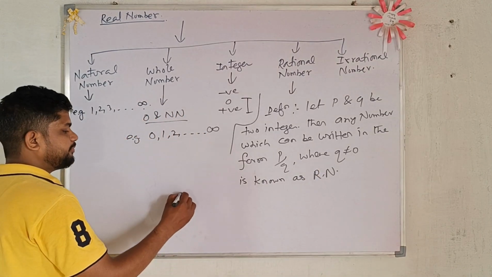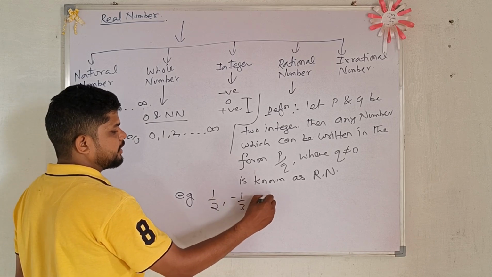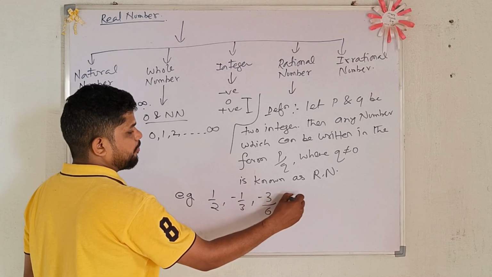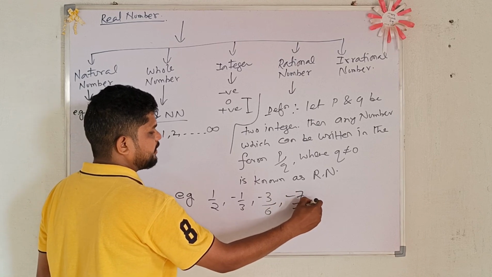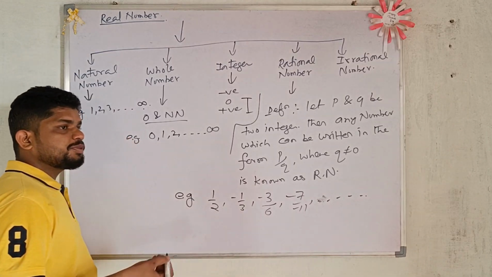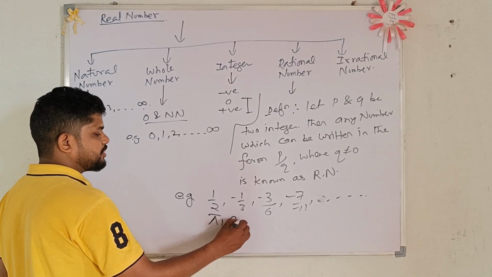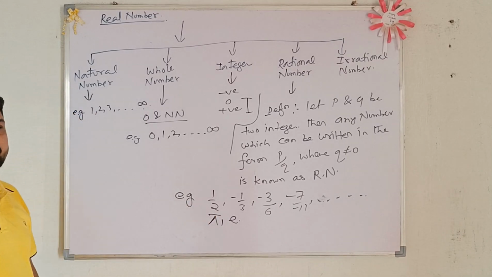For example, 1 by 2, minus 1 by 3, minus 3 by 6, minus 7 by minus 11, etc. Few special symbols are there in mathematics such as pi and exponential. These are also known as rational numbers.